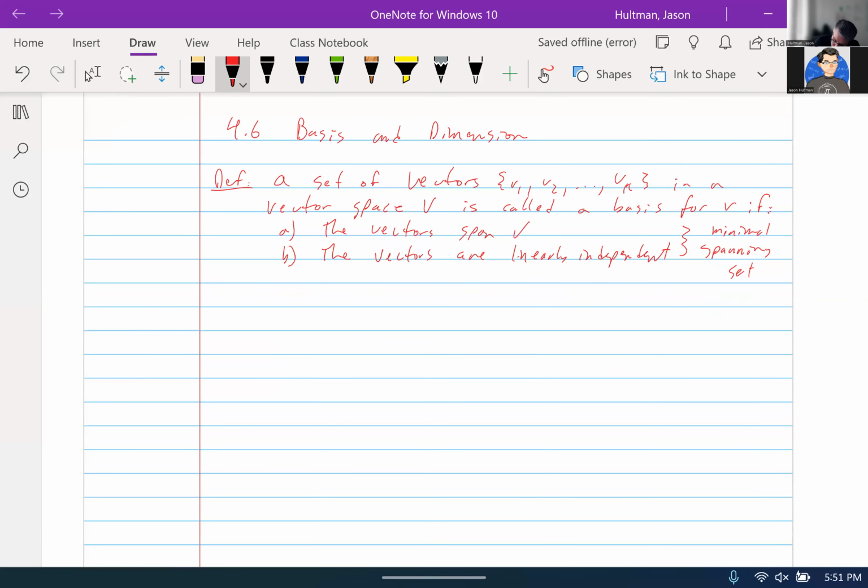We're already a little bit familiar with basis vectors from Calc 3. In R2, v1 equal to (1, 0) and v2 equal to (0, 1) are called the standard basis vectors.